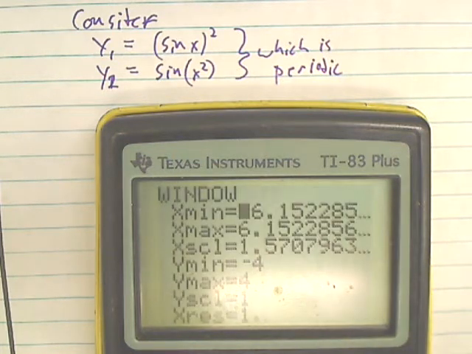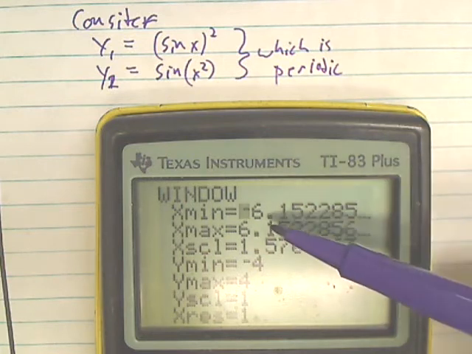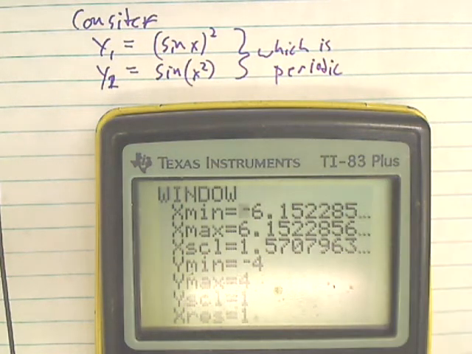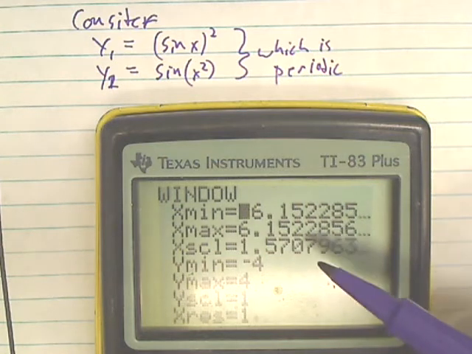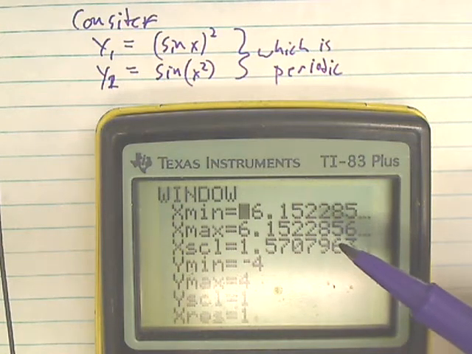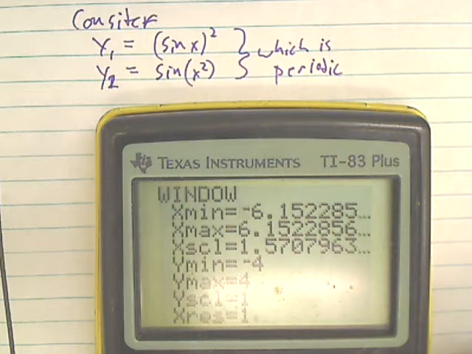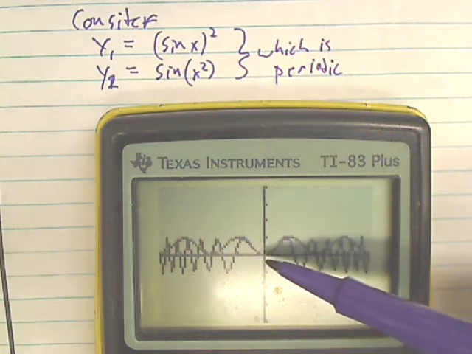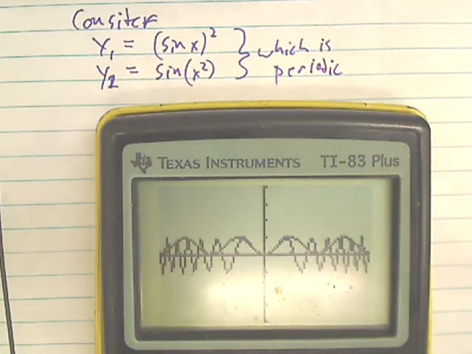Let me look at my window. When I zoom trig, it went from -6.15 to 6.15. That's about 2 pi. 3.14, double it, that's 6.2. So that's about 2 pi. So y1 looks like it repeats itself after pi.